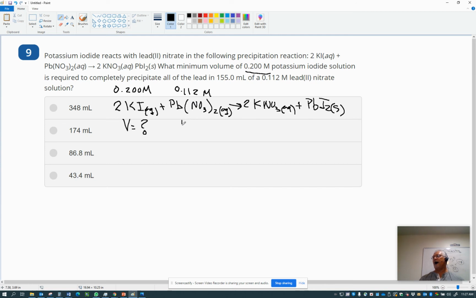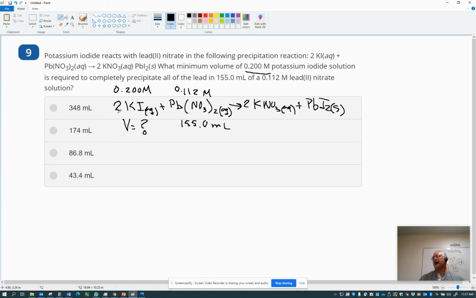They gave you the volume of lead nitrate, 155.0 milliliter. That is all the data they gave you in the equation.